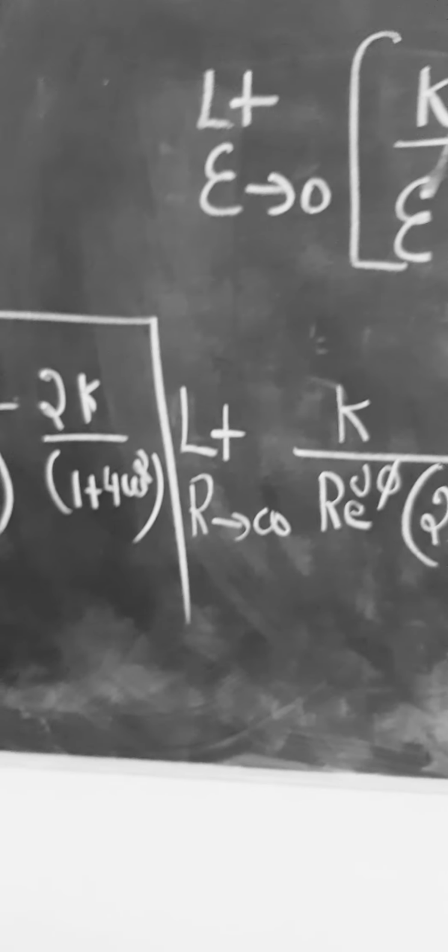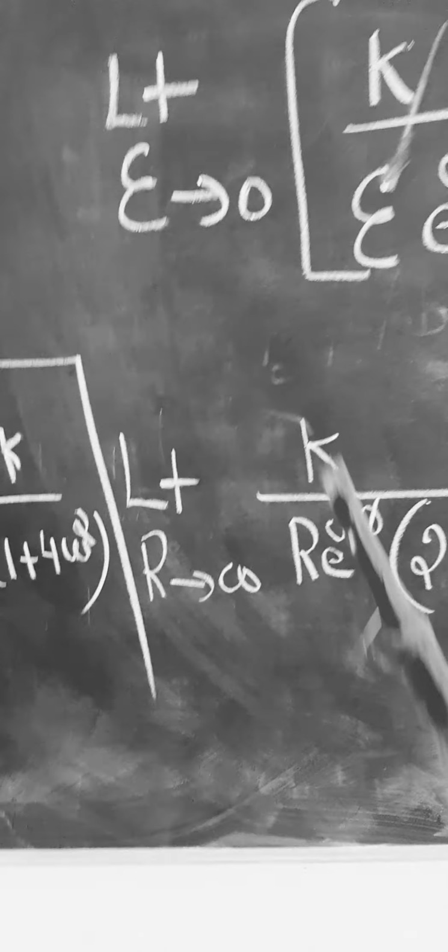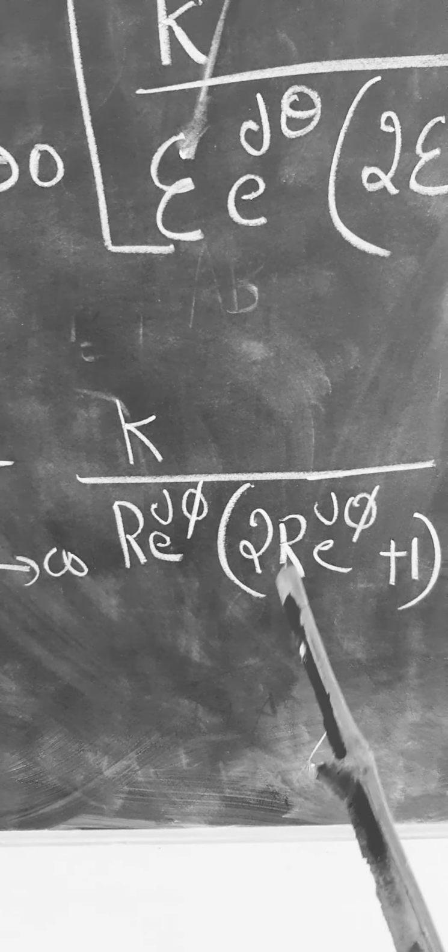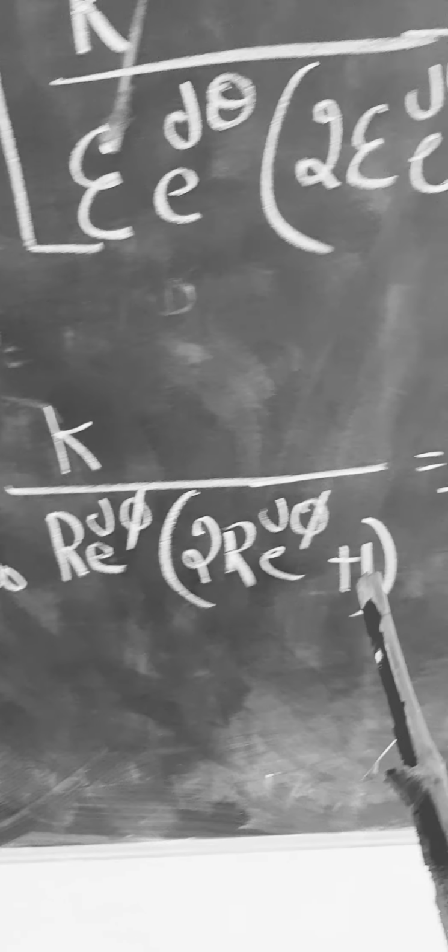What you have to do, again in your open loop transfer function, you need to substitute k divided by s, R into e to the power of j phi, into 2s plus 1, 2 into R into e to the power of j phi plus 1.